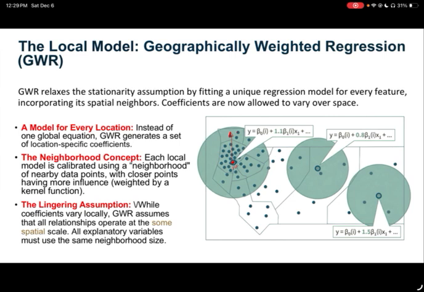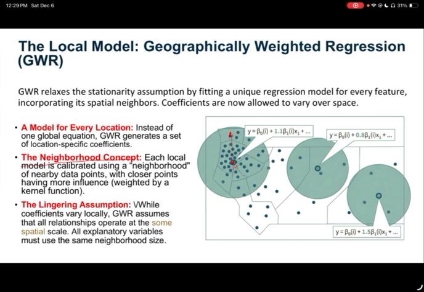This is called the neighborhood concept, where each local model is calibrated using neighboring or nearby data points, with closer points having more influence. As for the limiting assumption, while coefficients vary locally, GWR assumes that all relationships operate at the same spatial scale.